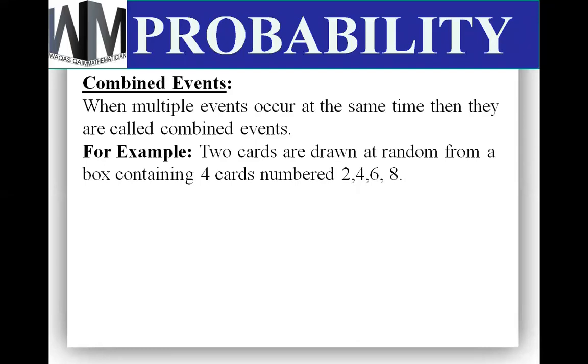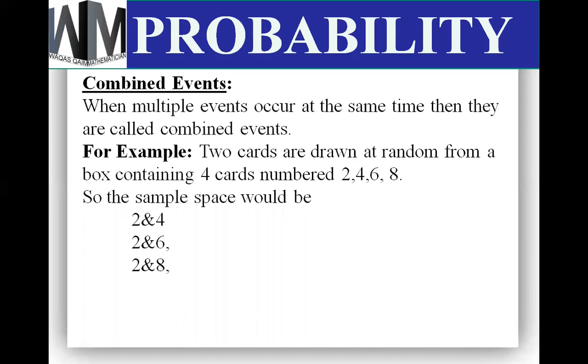Either we pick the cards over which the number is written 2 and 4, right? Or it could be 2 and 6, or 2 and 8, or 4 and 6, and 4 and 8, and 6 and 8. These all could be the possibilities. Any confusion with this sample space?